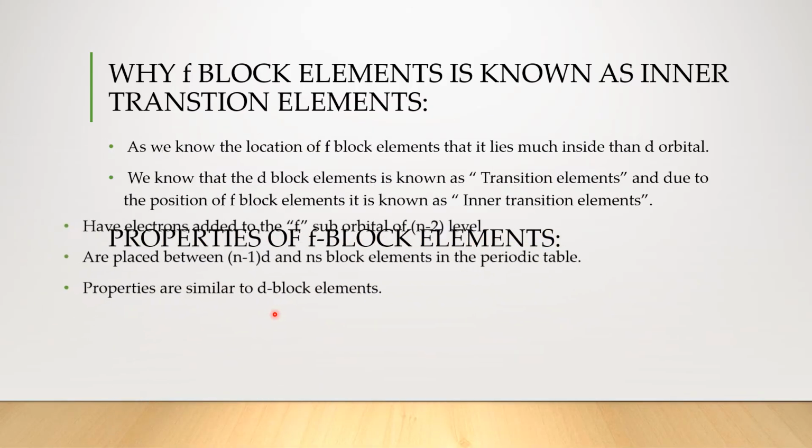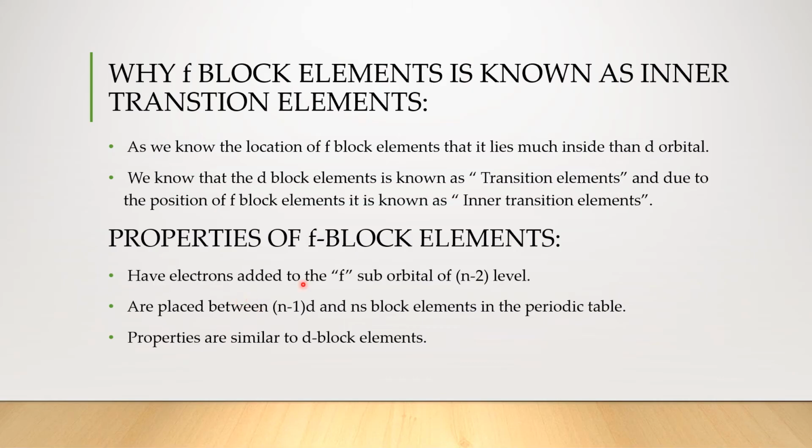The first property is that electrons are added to the f orbital in the n minus 2 level. When we see the electronic configuration, it consists of the noble gas core like xenon, krypton, etc., and then the f orbital, d orbital, and s orbital. Okay, f is the n minus 2 level, d is the n minus 1 level, and s is the ns level.